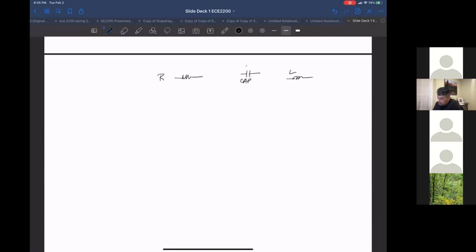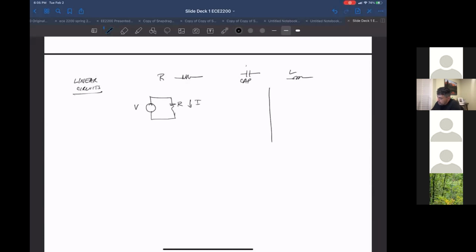These are all linear circuits. What does that mean? Let's look at a resistor. If you take a resistor and you put a voltage across it, you're going to get a current.